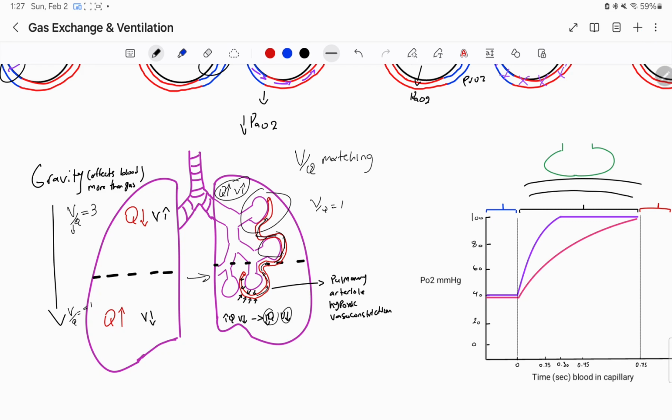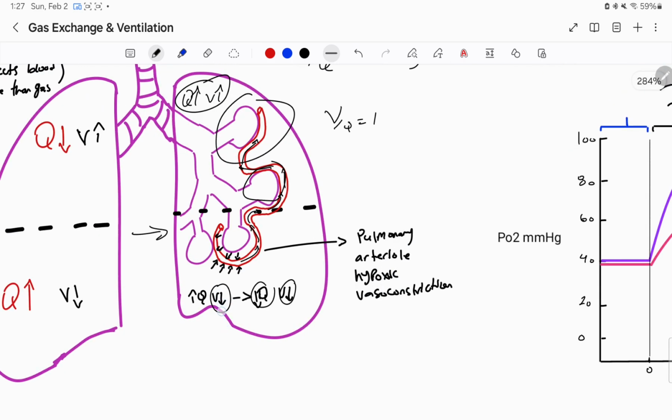So one last time, let's talk about this pulmonary arterial hypoxic vasoconstriction. This is a reflex, by the way. Why is it a reflex? Because it reacts to the low ventilation. The low ventilation means there's actually going to be low partial pressure of alveolar O2, and because of that, there's actually a low partial pressure of arterial oxygen.